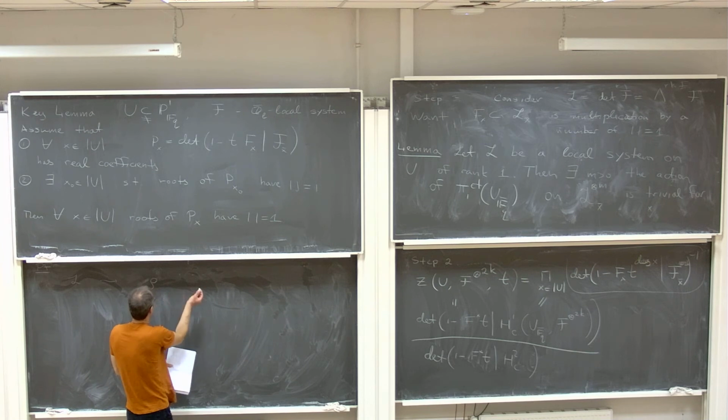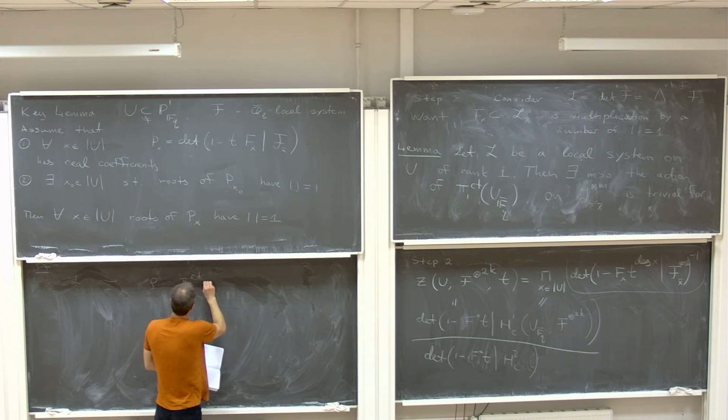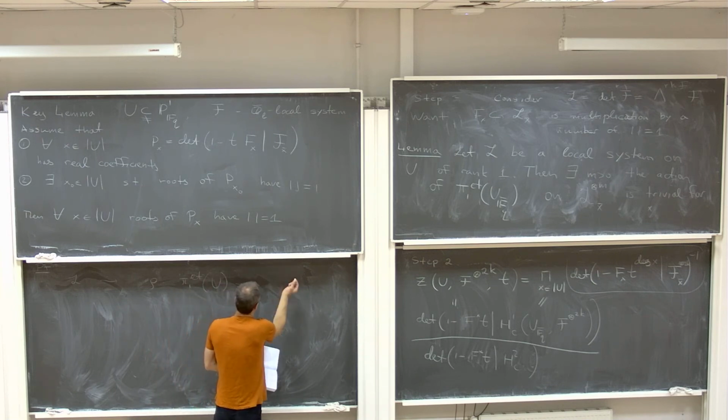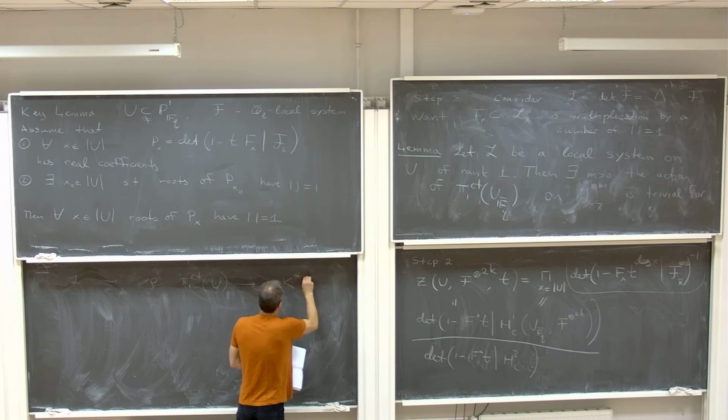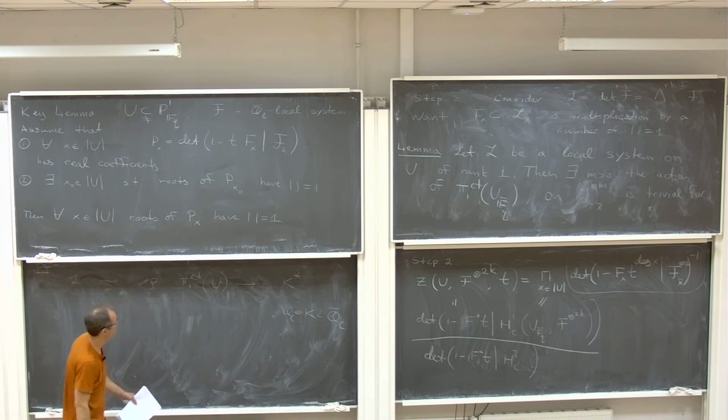So this is actually a representation of pi 1 et of U in some GL1. So this is just K star. K again is a finite extension. That's because it's one dimensional.